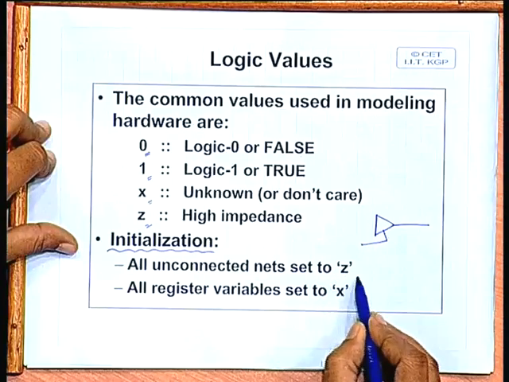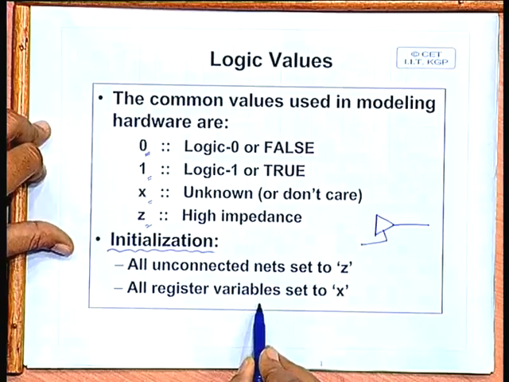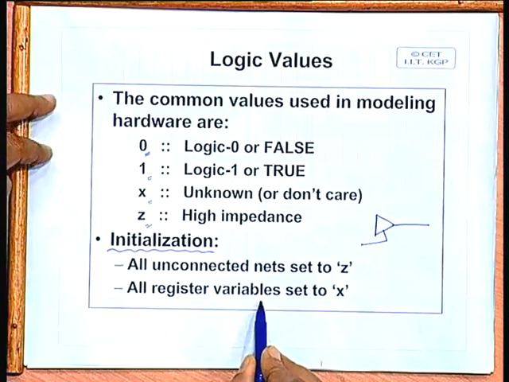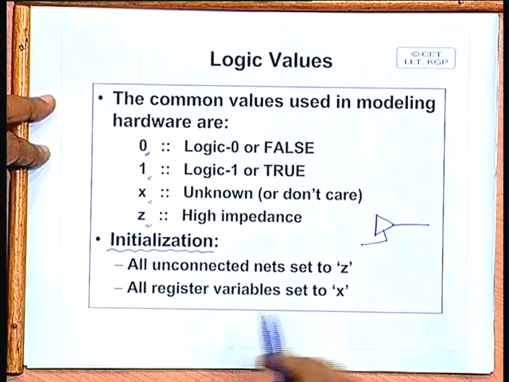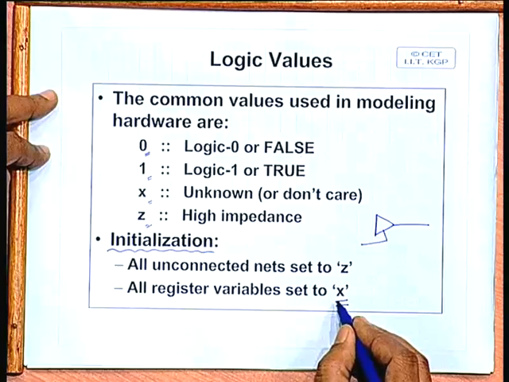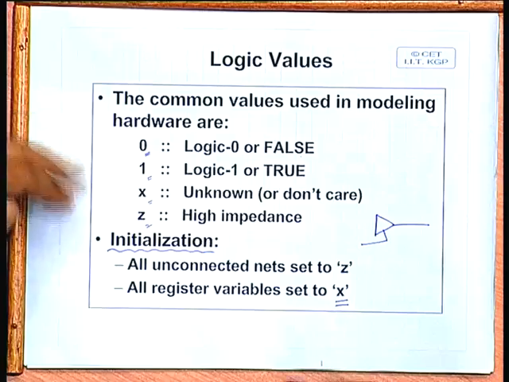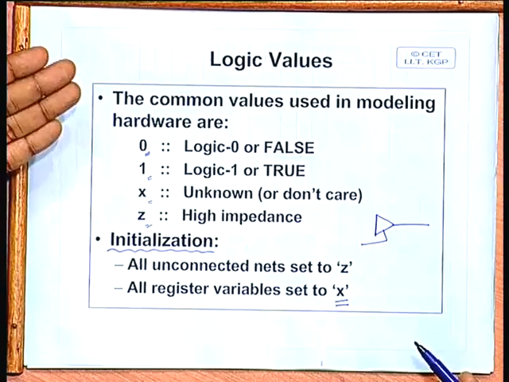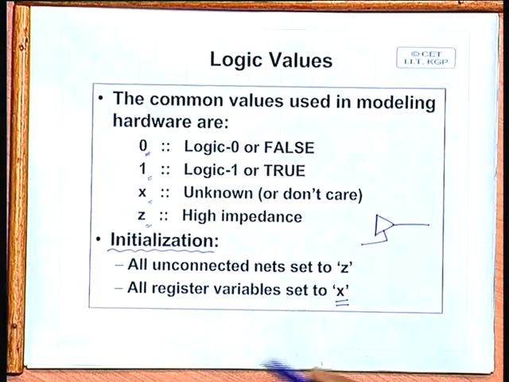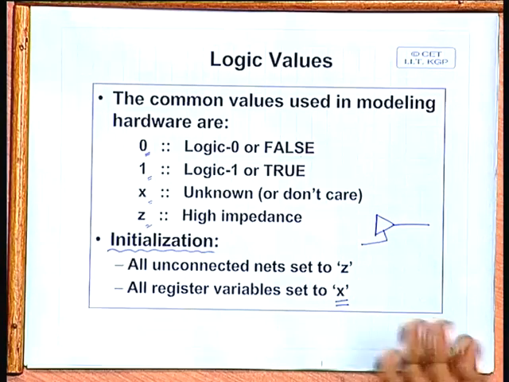Since the register variables have to be initialized before you actually start the simulation, all register variables by default will be set to the undefined state at the beginning of the simulation. So for correct operation of the circuit, it will be your responsibility to apply suitable inputs so that the register variables are set to a known set of values before you can apply meaningful inputs and get the outputs.